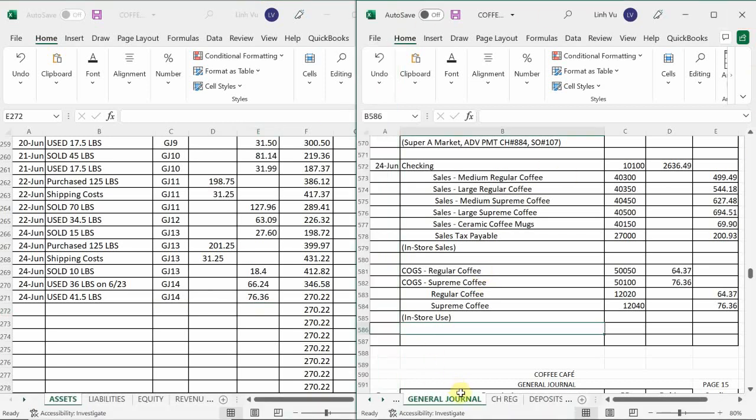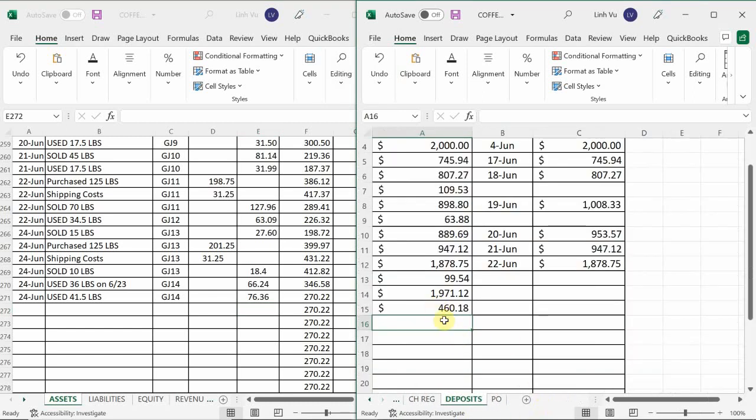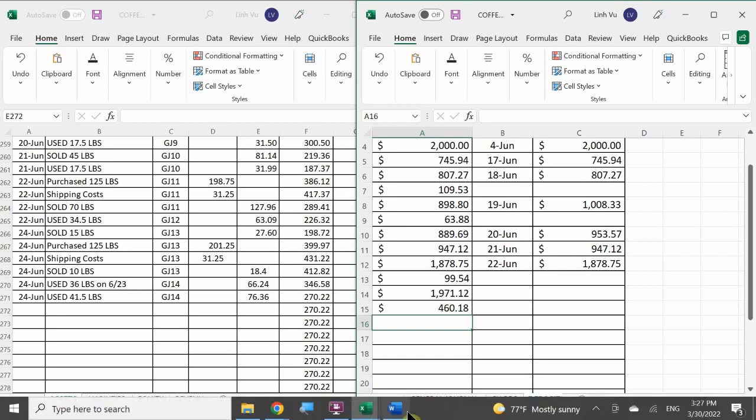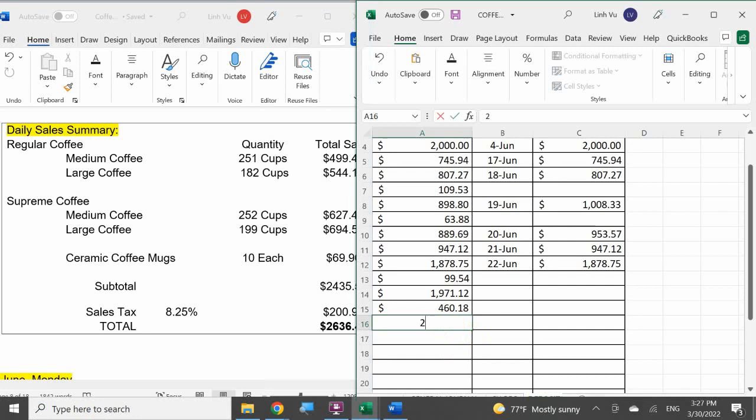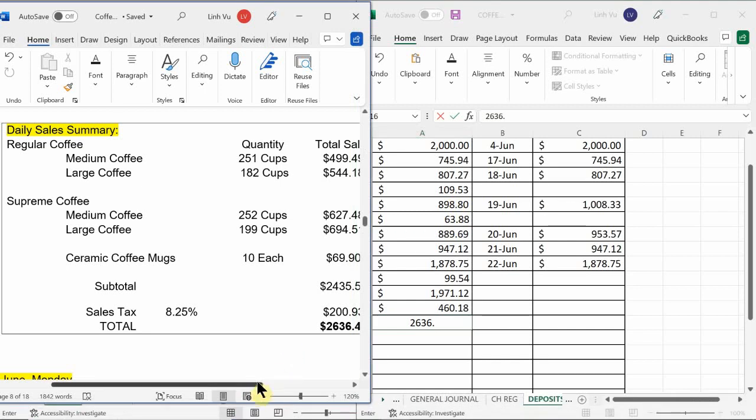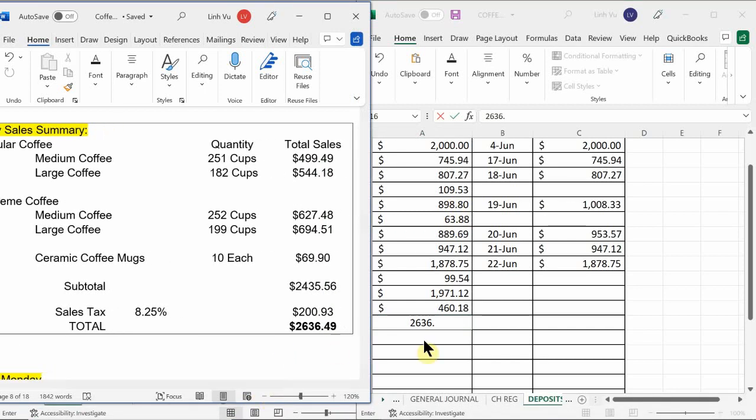Last but not least, okay, we need to also deposit the money that we made from the sales. So in this case, let's see, we made a total of $2,636.49.